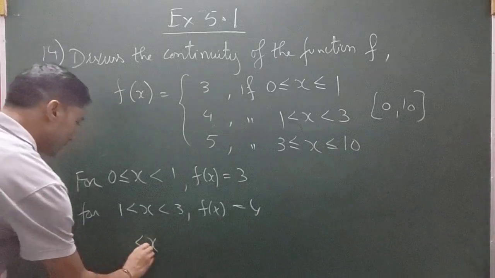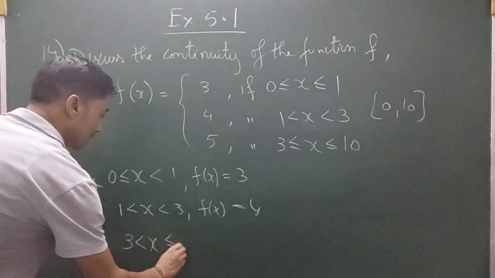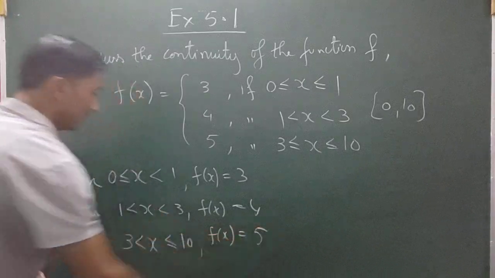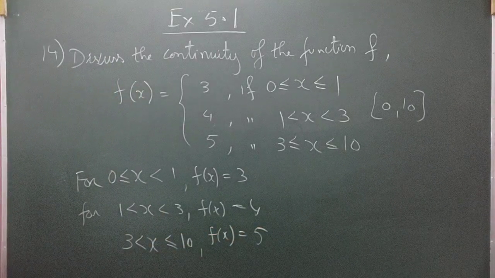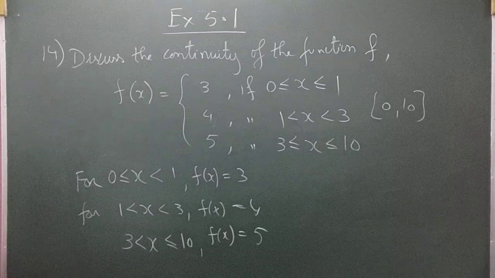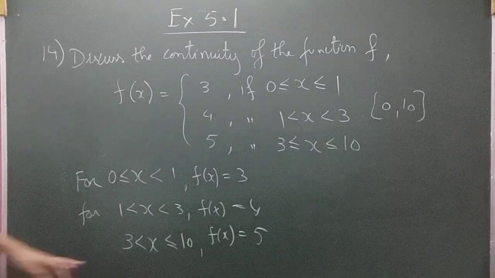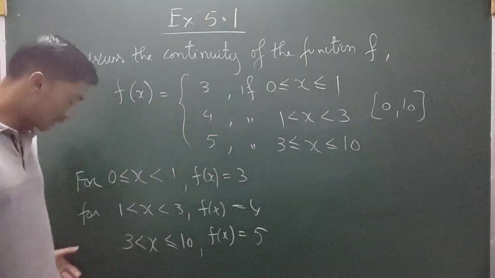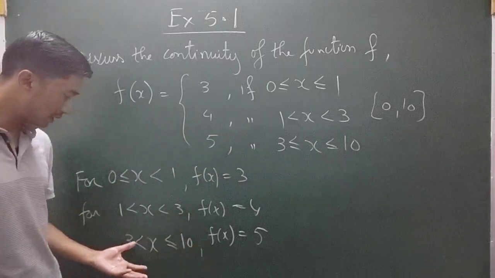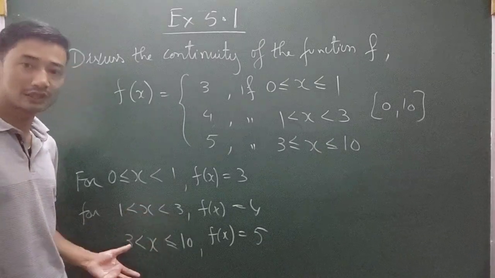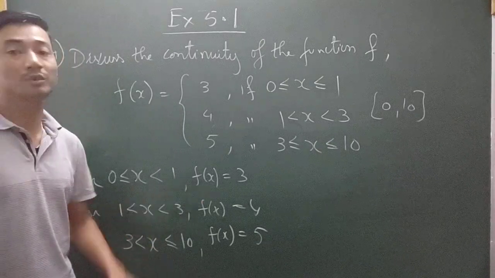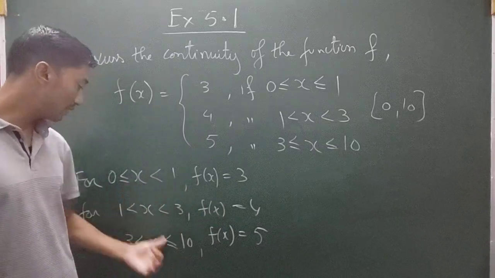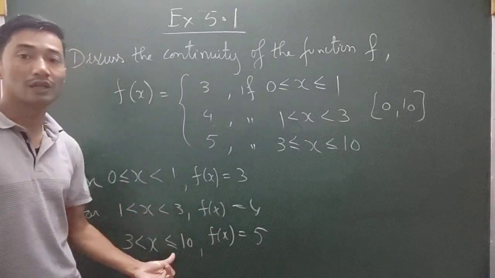And for x greater than 3, less than or equal to 10, our function is 5. Of course, we'll get back to that. Some of you must be still confused. It's actually greater than or equal to, don't worry. Now we're just doing it in general, strictly greater and strictly less. At 3, that we will decide.